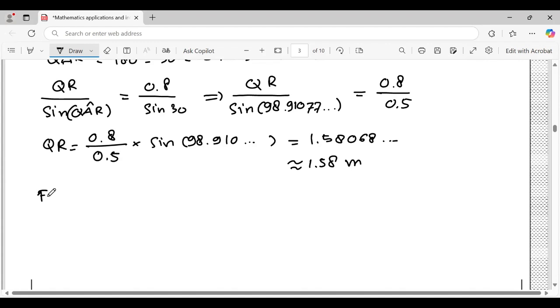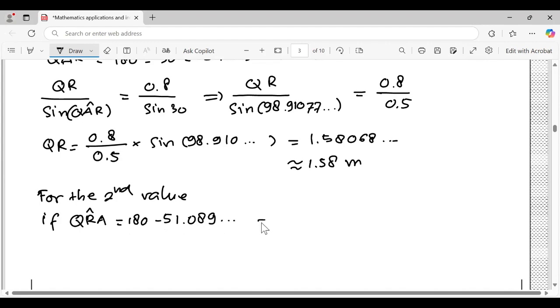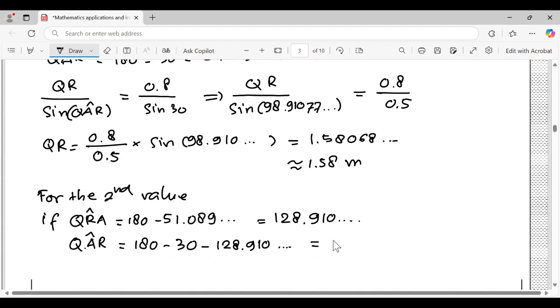Next, for the second value, if angle QRA equals 180 minus 51.089, which equals 128.910 degrees, then angle QAR equals 180 minus 30 minus 128.910, which equals 21.089 degrees.